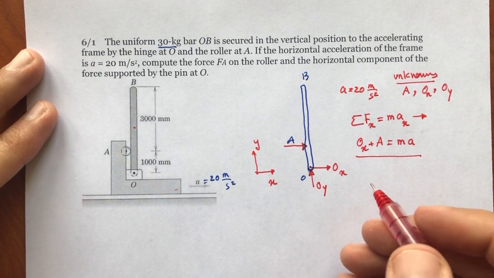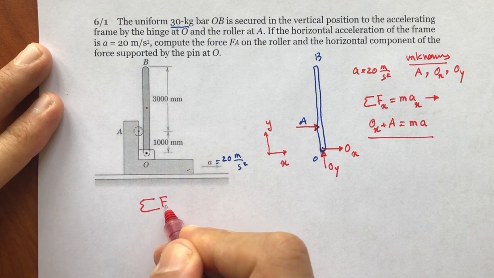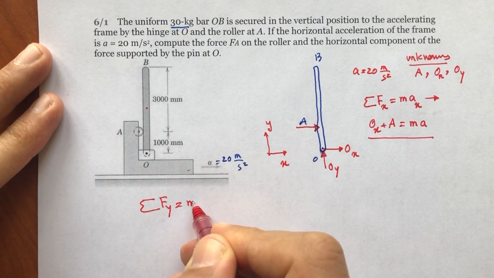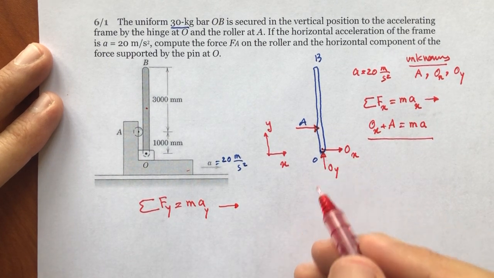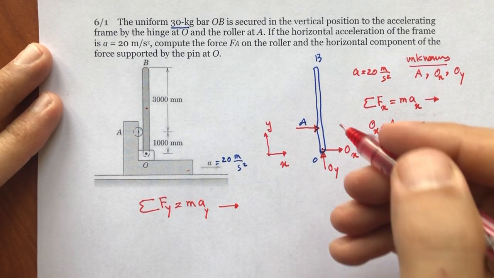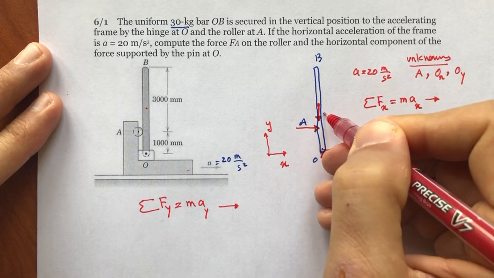Next equation, sum of the forces in the y direction is equal to mass times acceleration in the y direction. In the y direction, we have only OY, and also I forgot something in my free body diagram, the weight, mg.